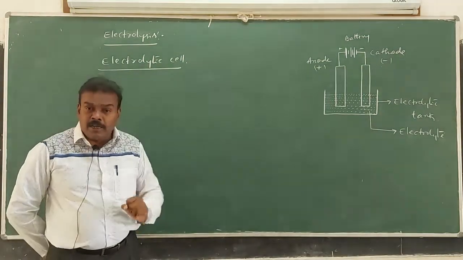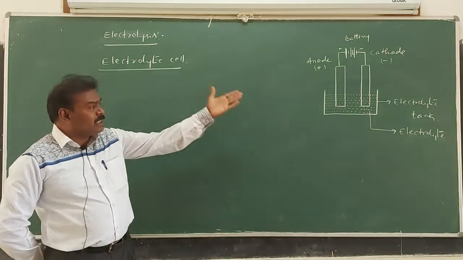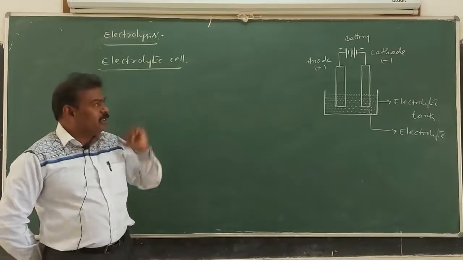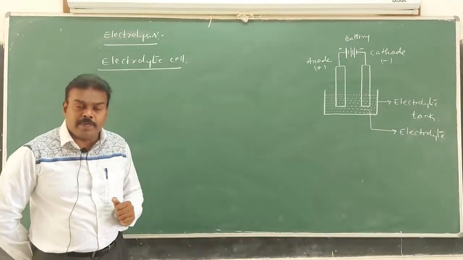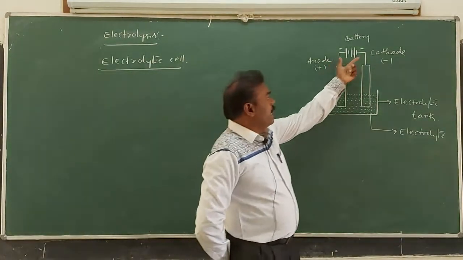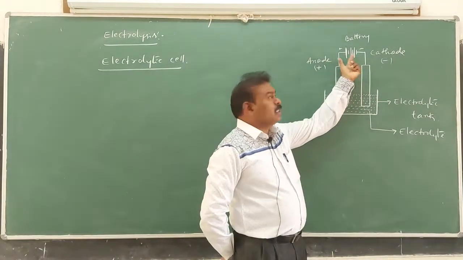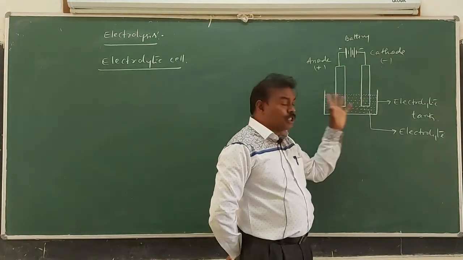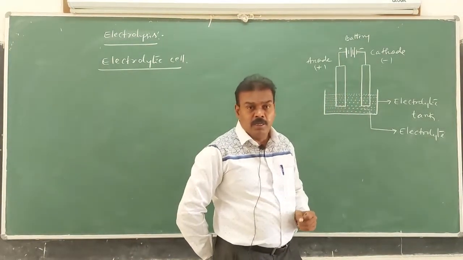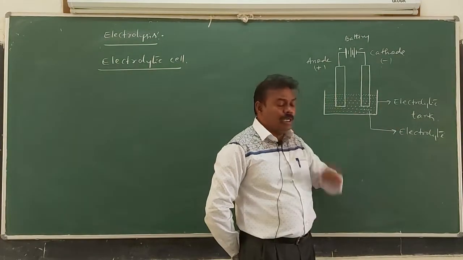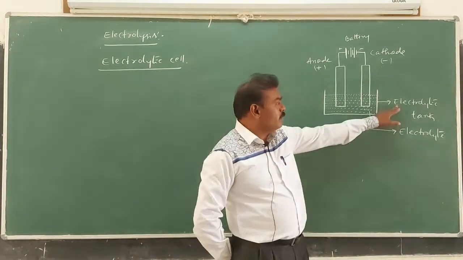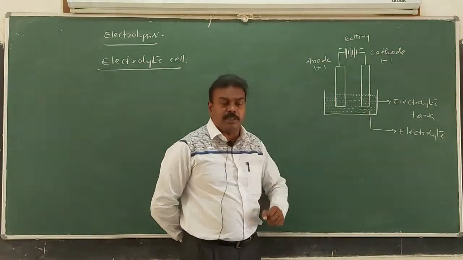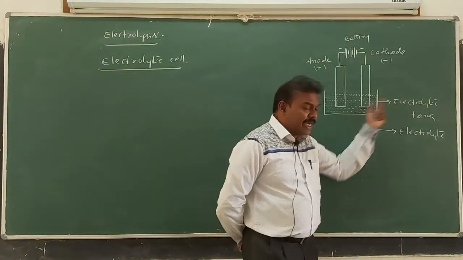The electrolytic cell is the device in which electrical energy is converted into chemical energy, because we take a battery and supply electric current, and some chemical change takes place in that electrolyte. The process is carried out in that container called the electrolytic tank. This electrolytic cell consists of an electrolytic tank.